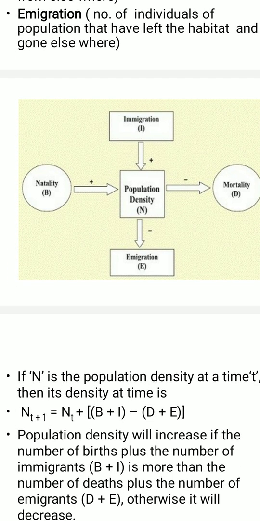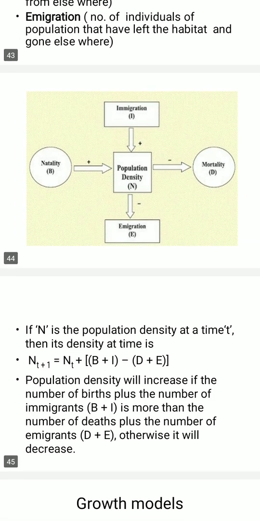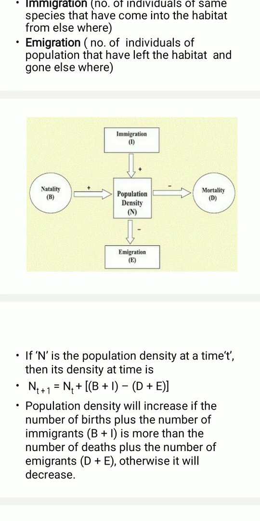Now we can represent it mathematically also here. If capital N is considered as the population density at a time t, then its density at time t plus 1 is, and it should be mentioned there, t plus 1, it's missing.